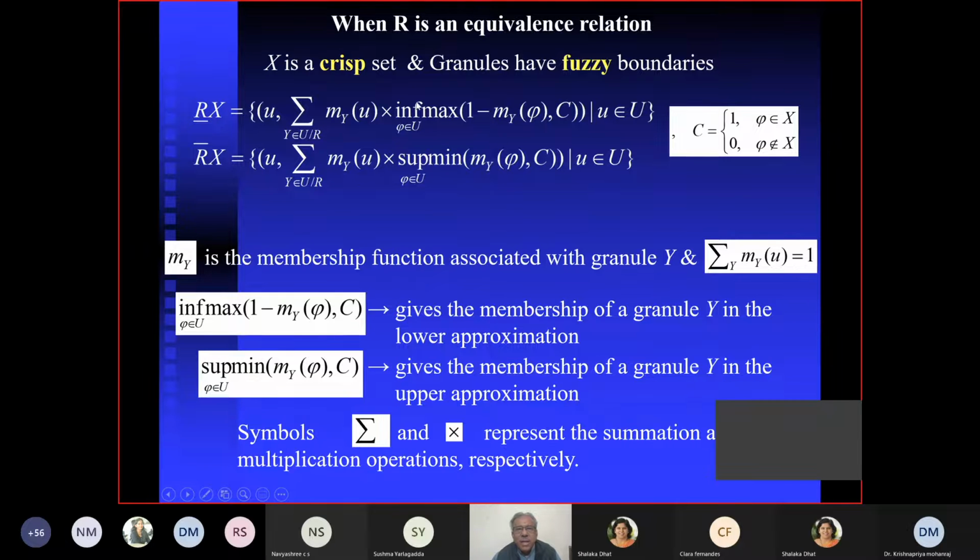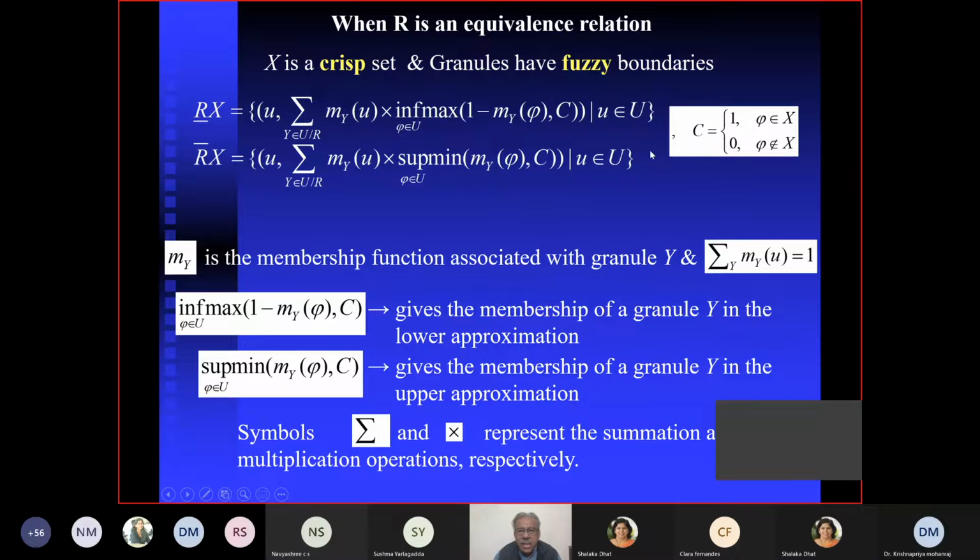If you take the product, that gives the membership value of a point u belonging to the granule Y that is in the lower approximation. If you take the summation over all such granules, it gives the membership value of this point for belonging to the lower approximation of the set. Similarly, for the upper approximation, you take the supremum instead of the infimum, and it is 1 when it belongs, otherwise 0.